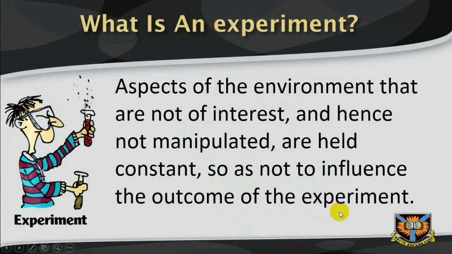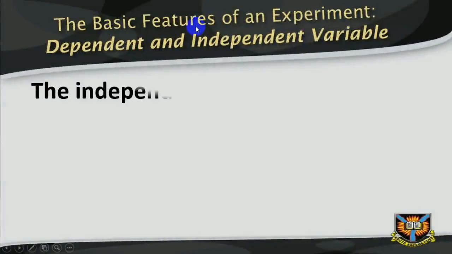We can then explain that the behavior resulted from the manipulation, and also explain two special terms, briefly, independent and dependent variables, to describe how the environment is manipulated and how behavior is observed. Basic features of an experiment.